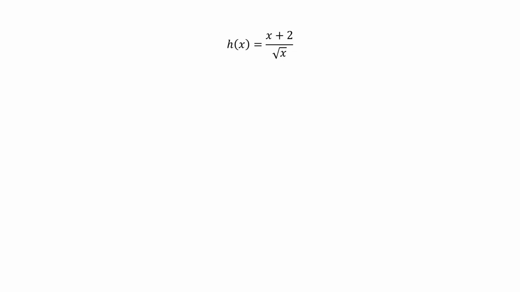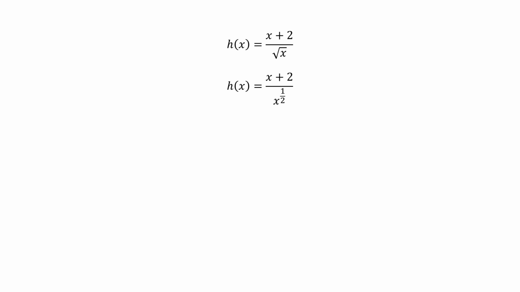Lastly, we want to differentiate the function h of x equals (x plus 2) all over the square root of x. Like the previous example, we must use algebraic manipulation before we can differentiate this function. We begin by rewriting the root as a fractional exponent to obtain h of x equals (x plus 2) all over x to the 1/2.